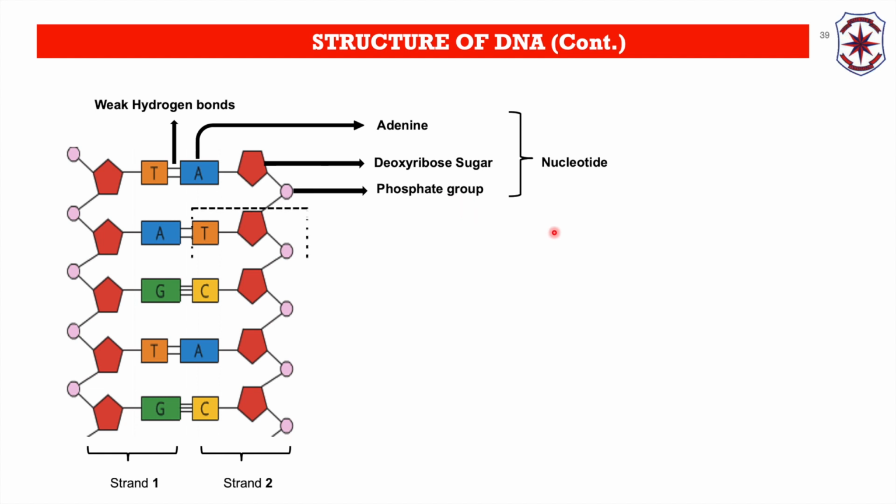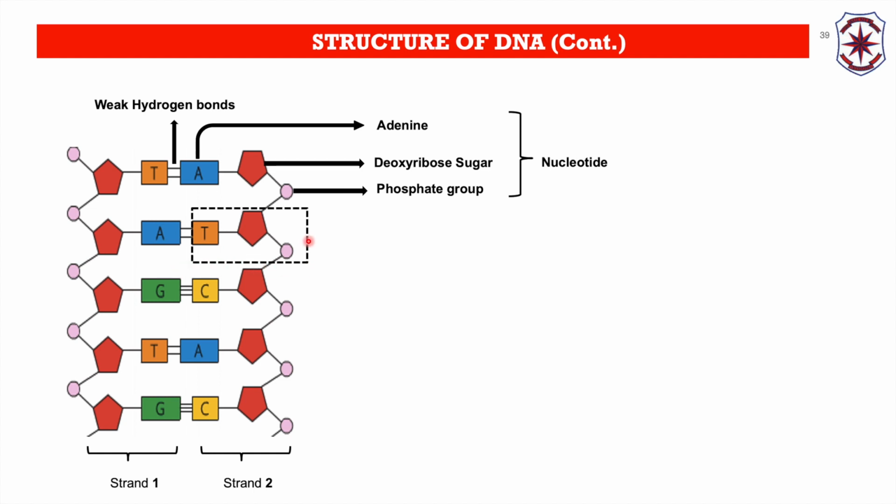Now, there we have a structure that we need to label as well. It has 1, 2, 3 components. So there is our nitrogenous base, which is thymine. There would be our deoxyribose sugar, and there would be our phosphate.